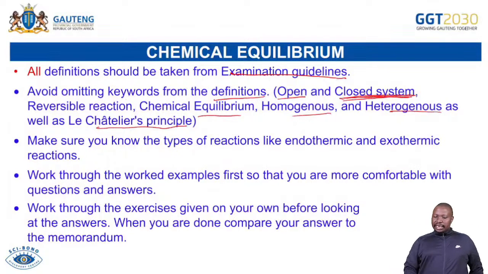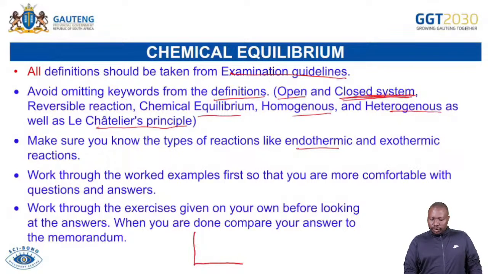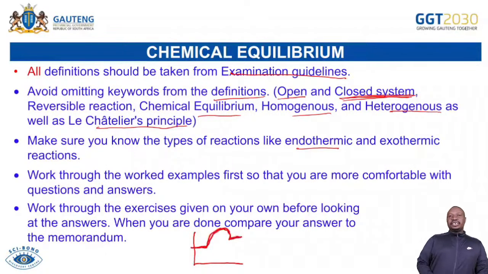You must make sure that you know the endothermic and exothermic reaction. Remember, learners, if the forward reaction is exothermic, the reverse reaction is endothermic. Taken from the graph, if you have a graph like that, and the forward reaction is endothermic, the reverse will be exothermic, as long as the reaction is reversible.